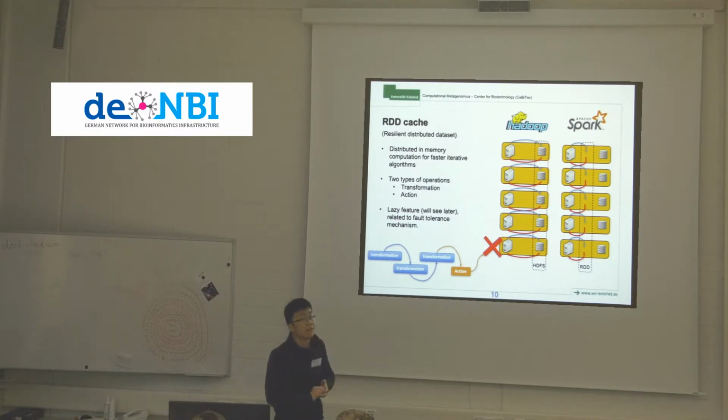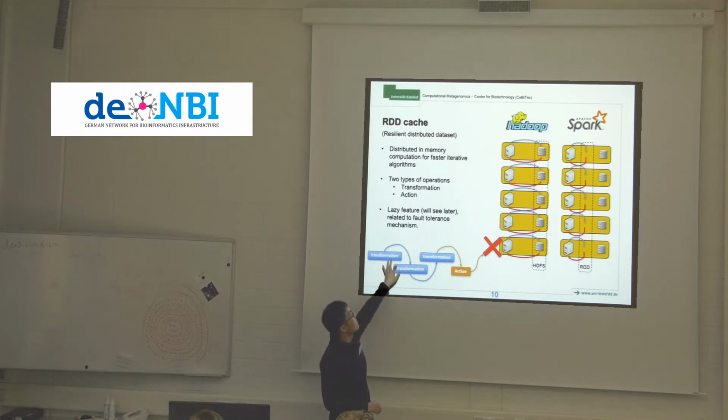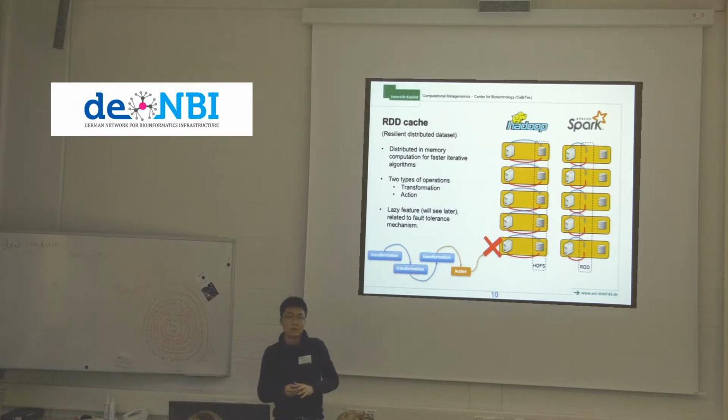These functions or methods are called operations, and they are categorized into 2 types: transformation and action. A transformation is an operation that applies to each partition, each part of your data, independently. And an action is usually the case where you have to send a result back to the master node, which is usually not so parallelized. So these are the steps of, let's say, a pipeline of your bioinformatic workflow.